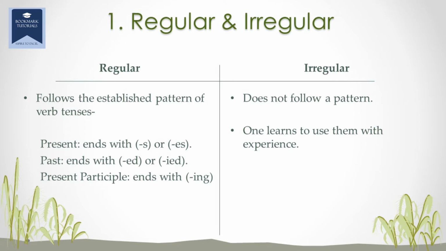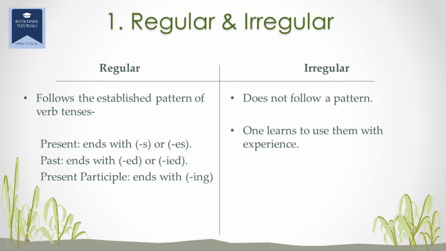The difference between regular and irregular verbs is that regular verbs follow an established pattern of verb tenses. The present form ends with s or es. The past form will end with ed or ied, and the present participle will end with ing.